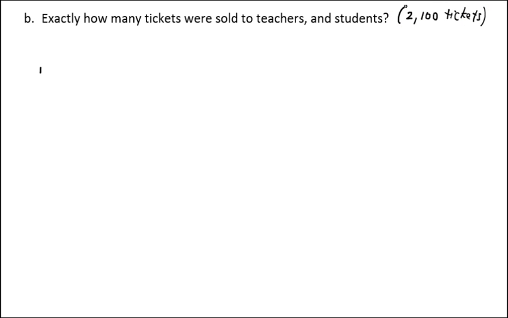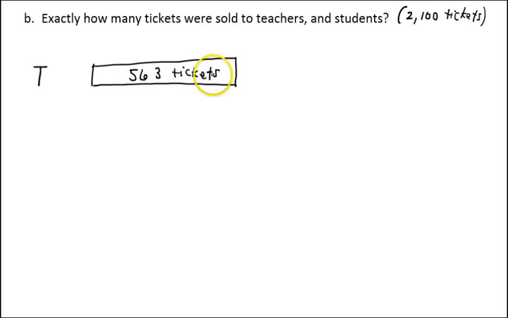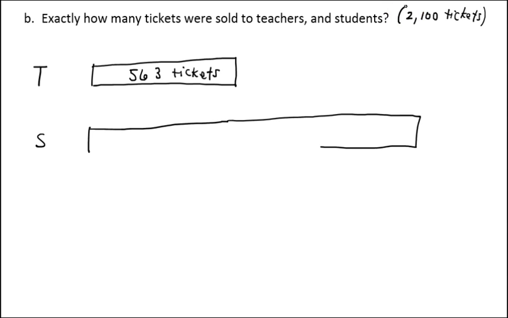This time for teachers, we'll write the exact amount of tickets sold to teachers, and that was 563. And the number of tickets sold to the students was the same amount as the teachers, and then 888 more.